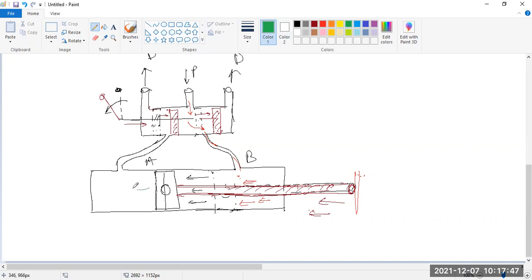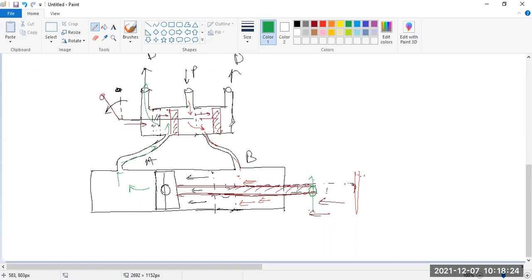From this chamber of A, the fluid tries to go out, and it goes to the drain. So in this way, your piston is working. Now your original position is here. You can see a small amount of displacement creates a large amount of displacement over here. In this way, we can operate this piston.